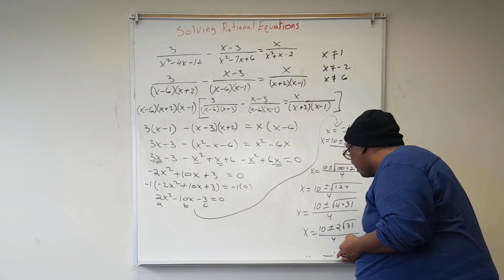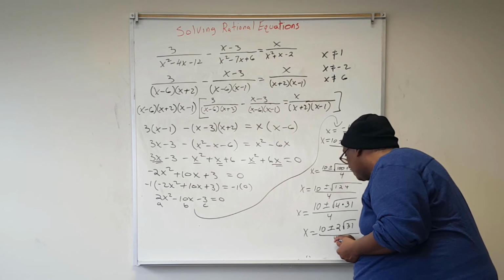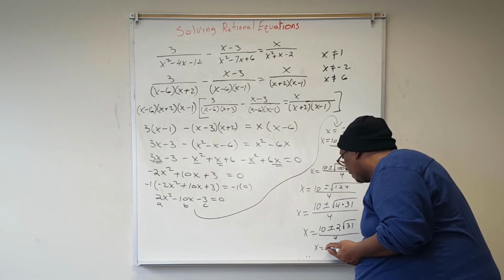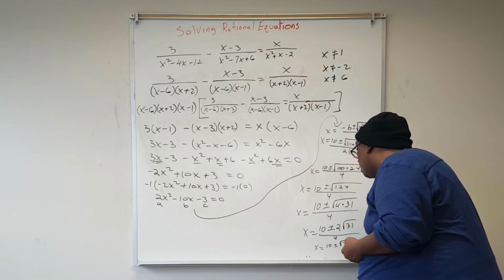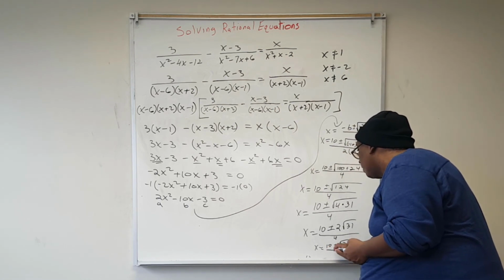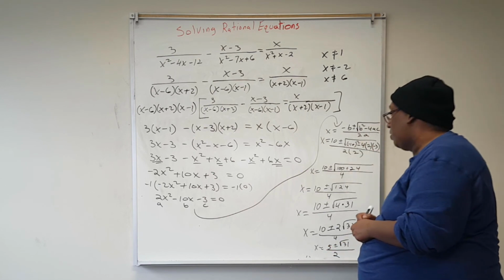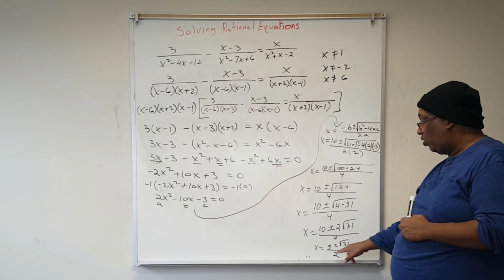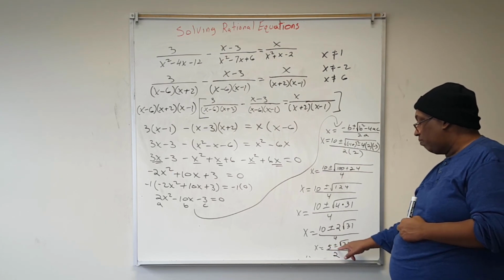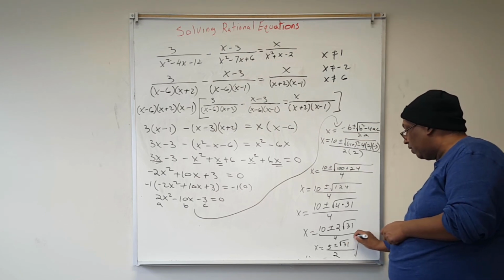Let me write it a little bit higher. 10 plus minus 2 square root 31 all over 4. This is a 5. Because these three numbers are even, we can divide each of them by 2. We get 5 plus minus square root 31 all over 2 as our final answer.